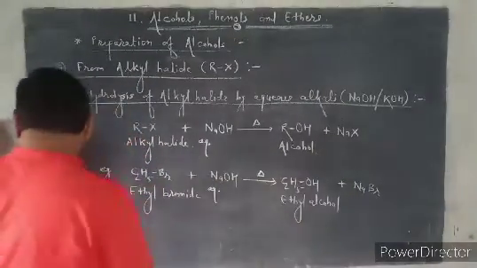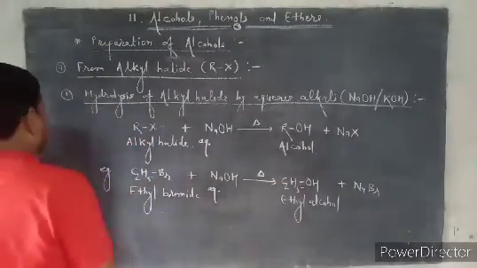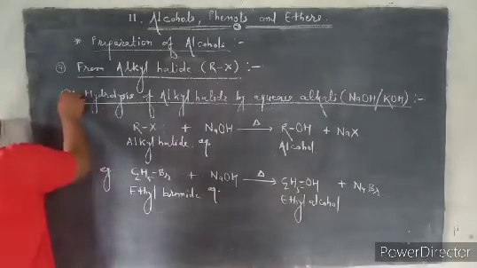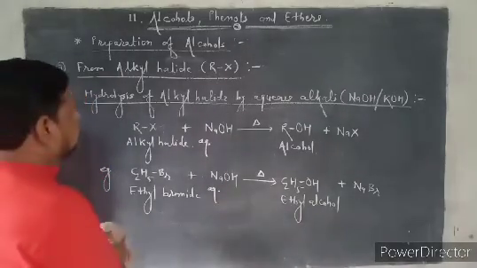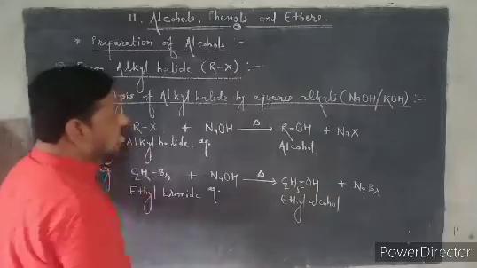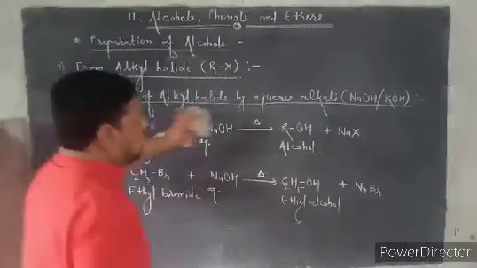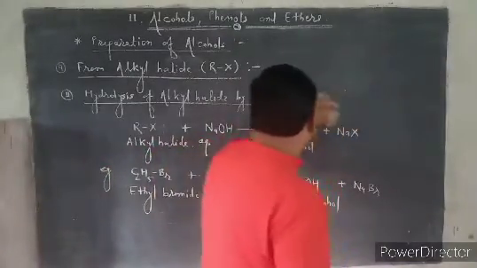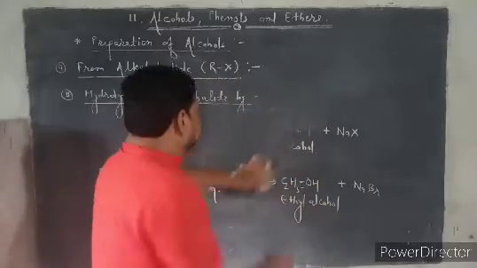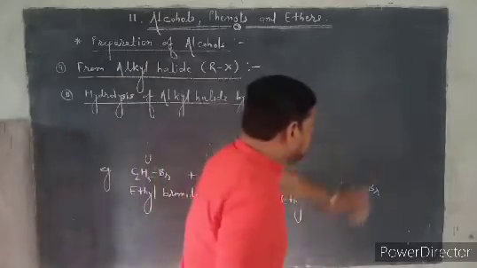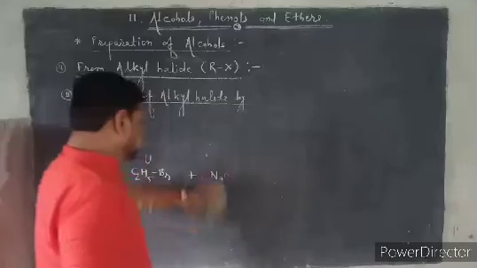Then we discuss the second method, that is hydrolysis of alkyl halide by moist silver oxide.